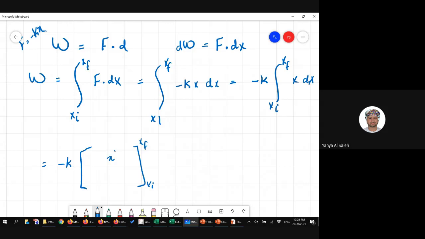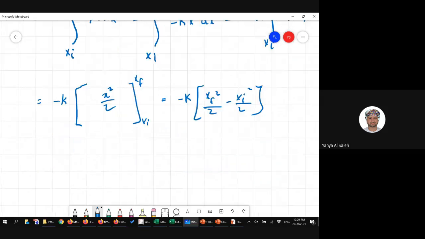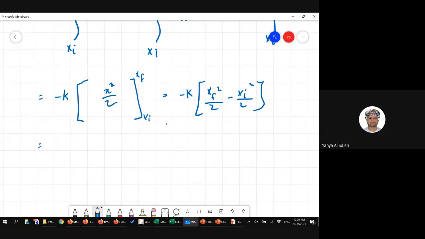Yep. X squared over 2, which means I end up with minus k times xf squared over 2 minus xi squared over 2. Then I'll open the brackets, minus and minus. So I end up with k xi squared over 2 minus k xf squared over 2.